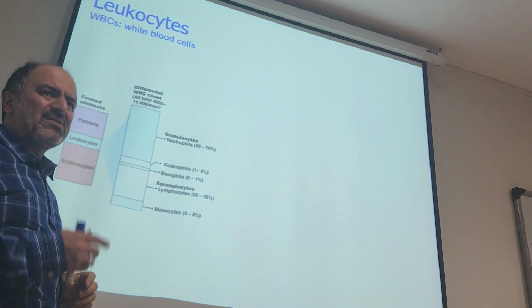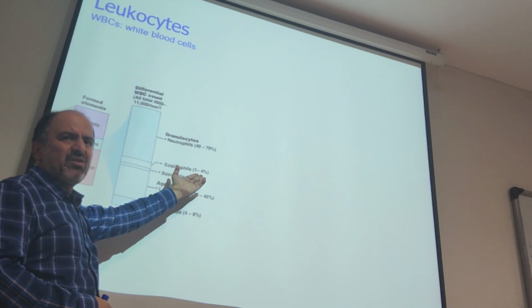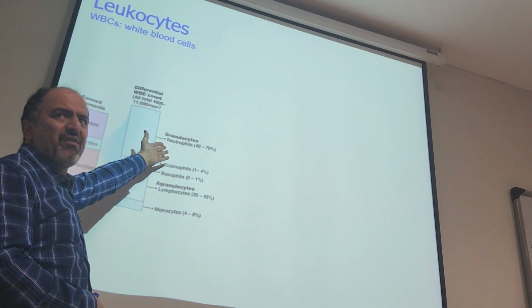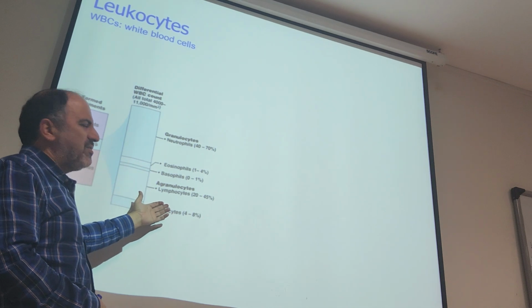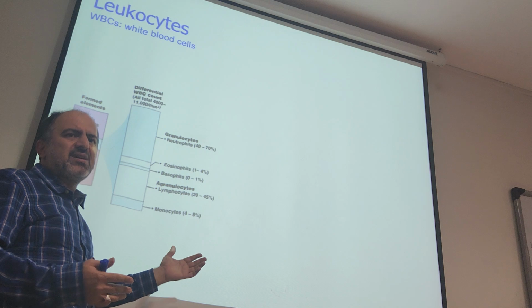In a patient who has allergy, we have a higher amount of eosinophil. In infection, we will have neutrophils in the acute phase, lymphocytes in the chronic phase.